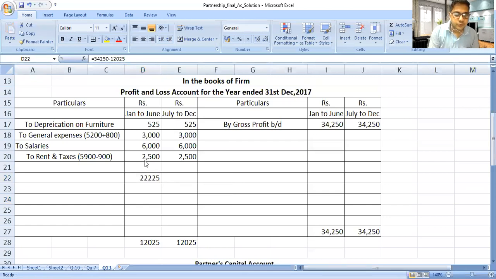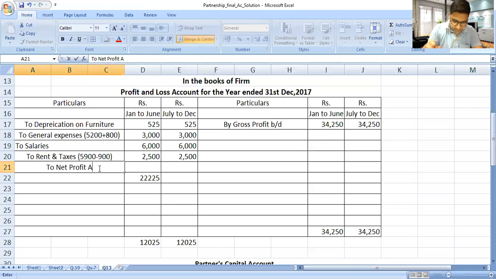Now from January to June, these six months, A and B were partners, and from July to December, A, B and C, three partners, were there. So we will distribute this profit to A and B only, as net profit.